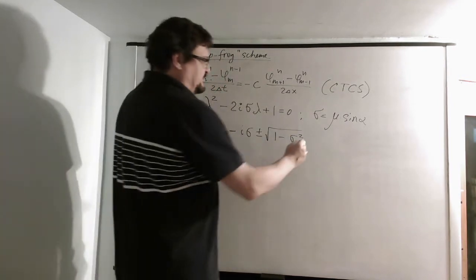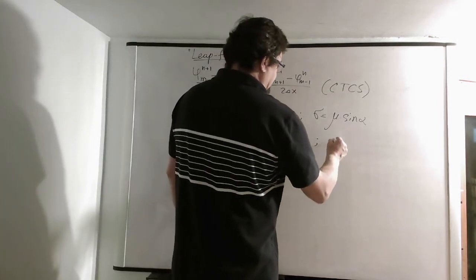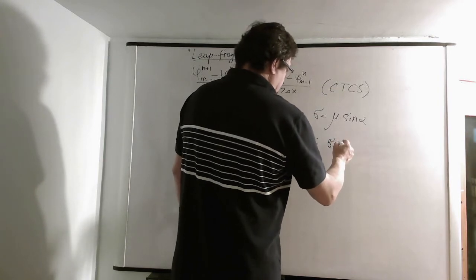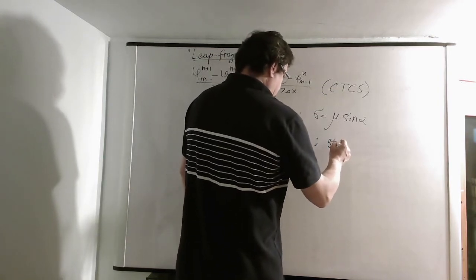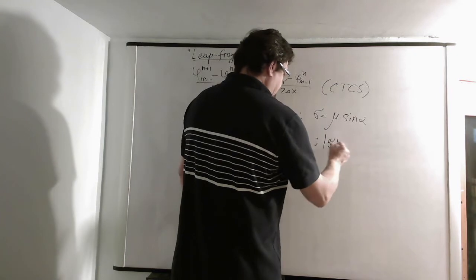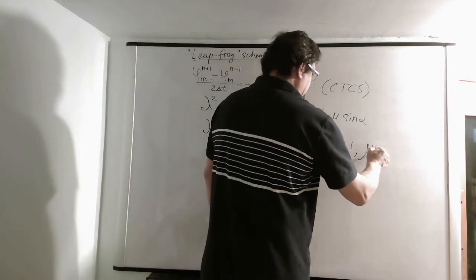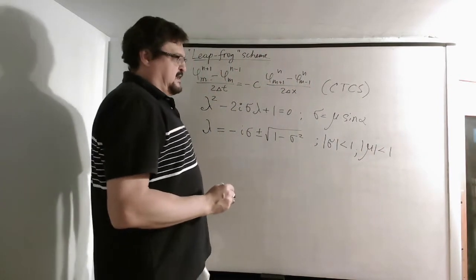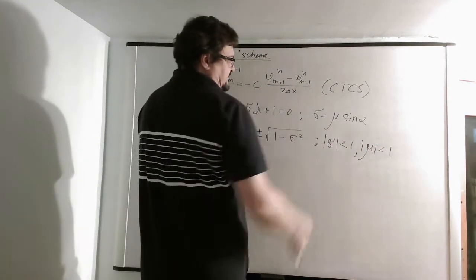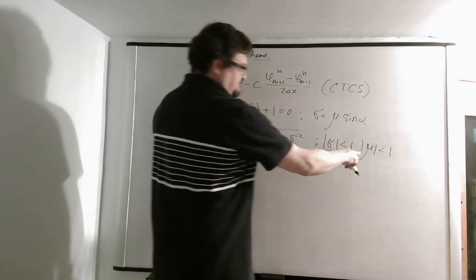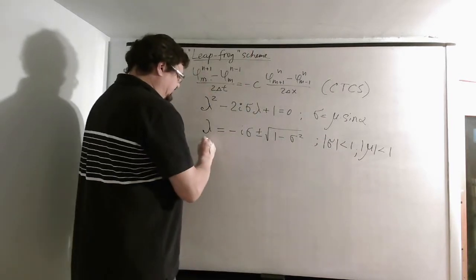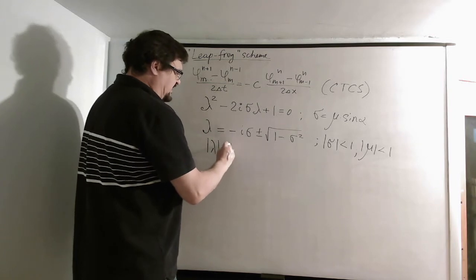And for stability, we require that sigma is smaller than 1, or it's the same thing as saying that mu is smaller than 1, because sine is smaller than 1. Then the scheme is stable, that is, the amplitude of lambda is equal to 1.